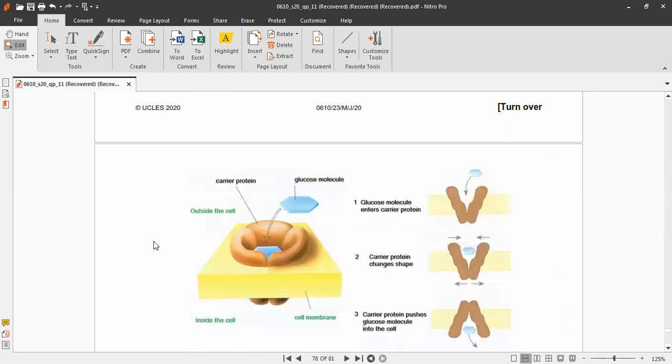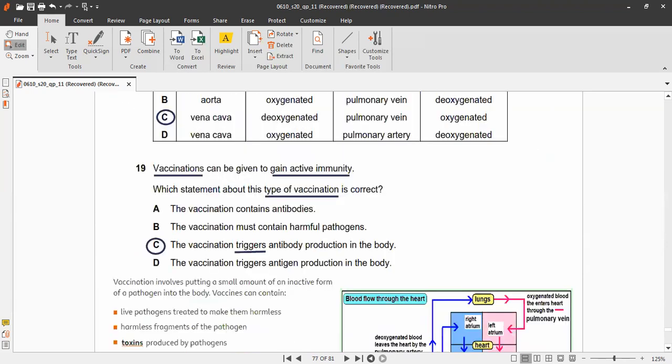Because here I need carrier protein to push magnesium molecules into the cell during active transport.